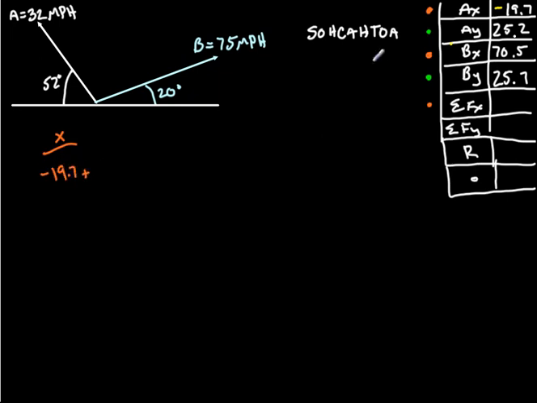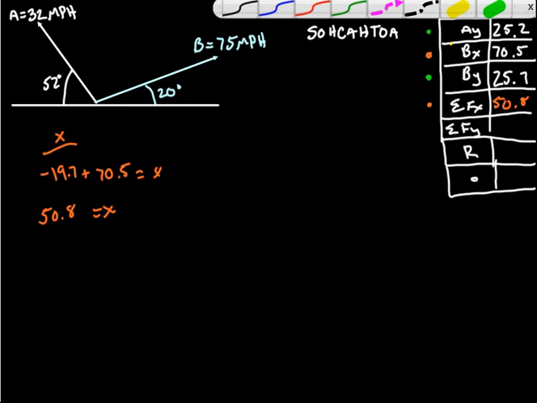We get a negative 19.7 plus, we're adding because it's the sum of, 70.5. So we get negative 19.7 plus 70.5, and we get a final x value of 50.8.